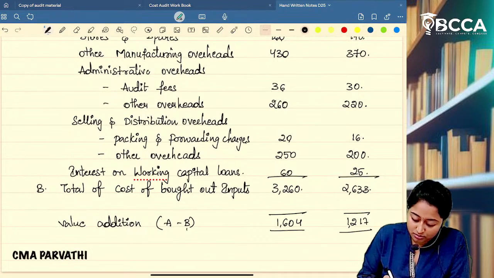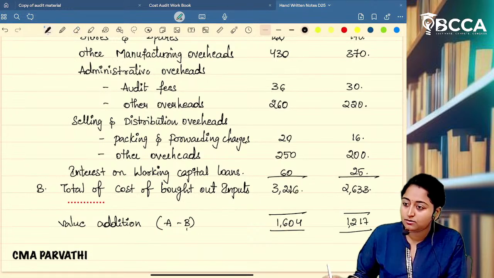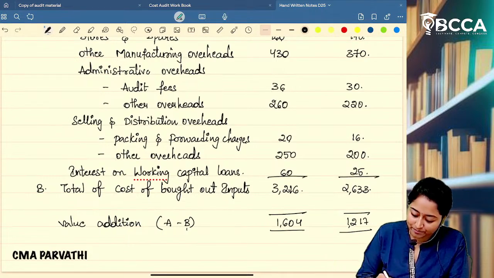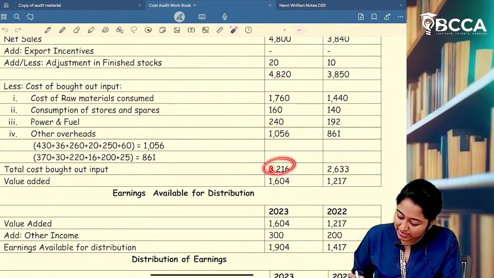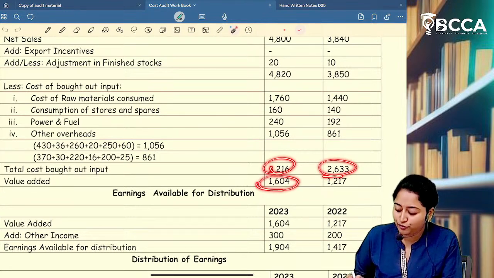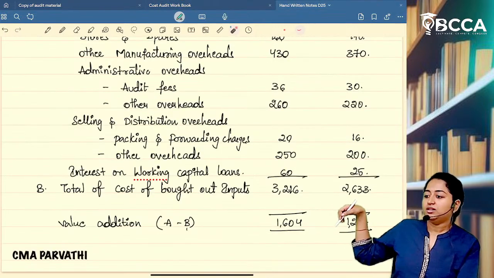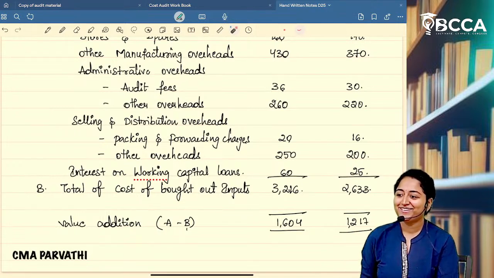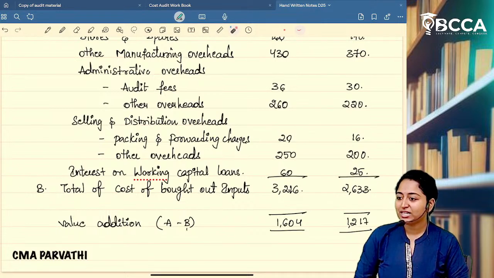Any other mistake? No mistakes, right? What is the total? 3,216 and 2,633, 1,604 and 1,217. If you are confused again, do the total again. There might be mistakes in the workbook also. Okay? If you want to do the total again, then do it again, no worries. Clear with value addition?